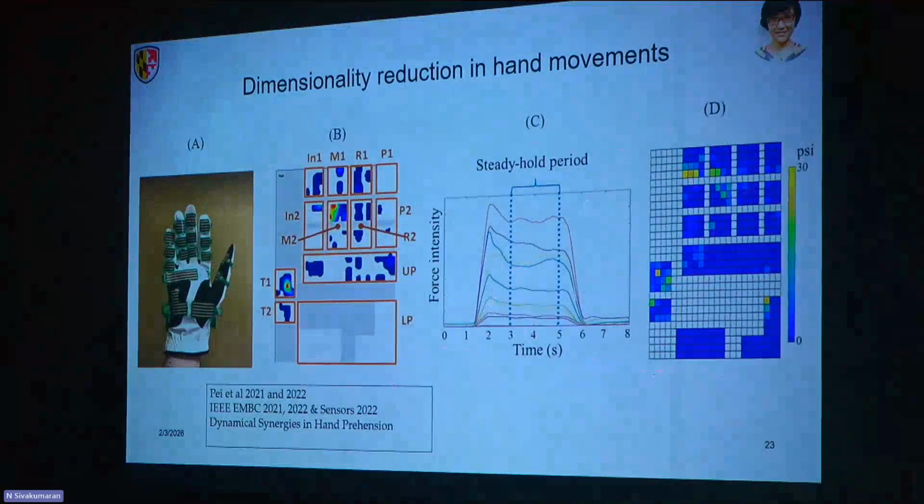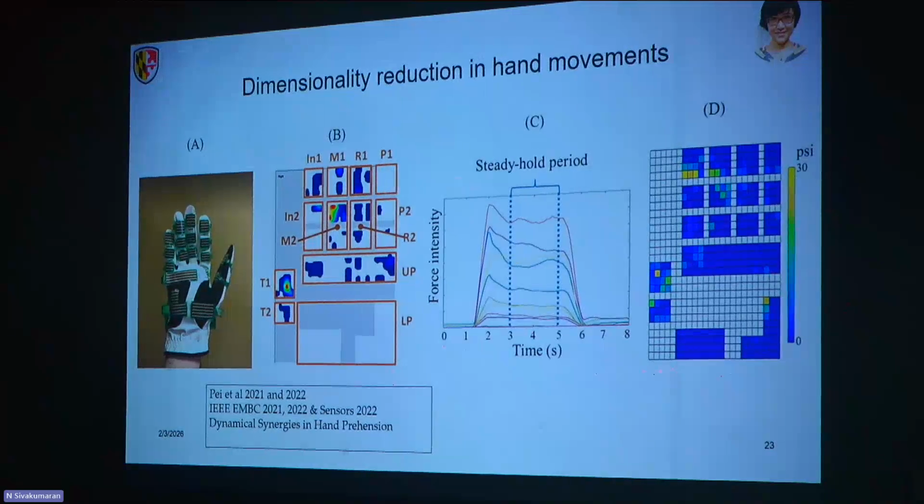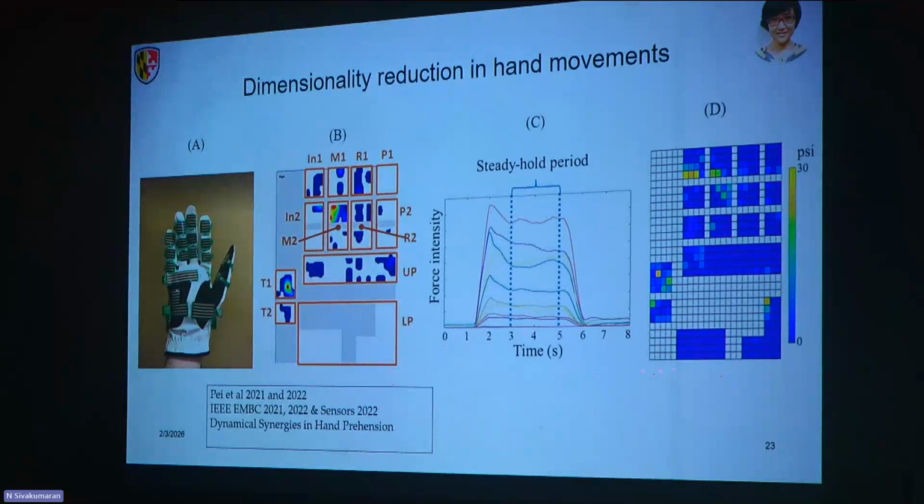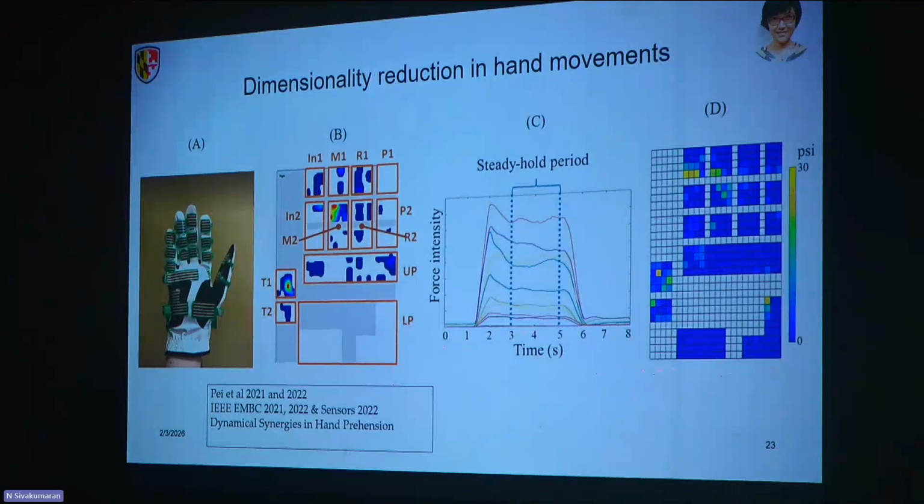So these are the four fingers and thumb, and that's how they show up when you're holding a water bottle, for example. We also get this matrix of where the contact forces and pressures are. Once you start holding, there's a steady state period where you can get how much force you are exerting to hold that bottle. Make sense?